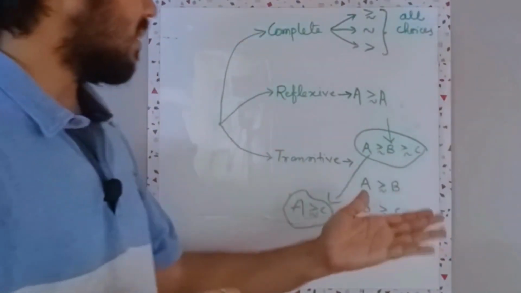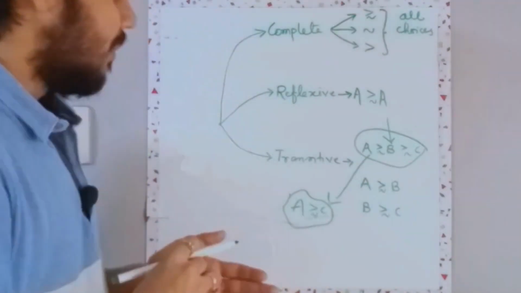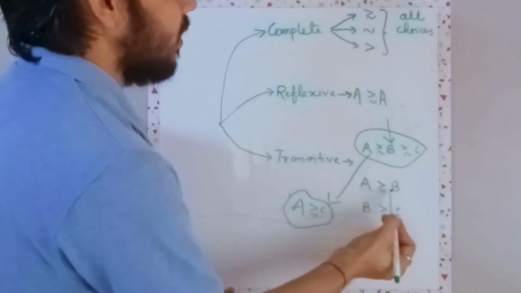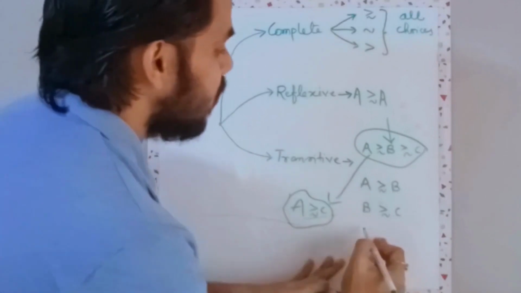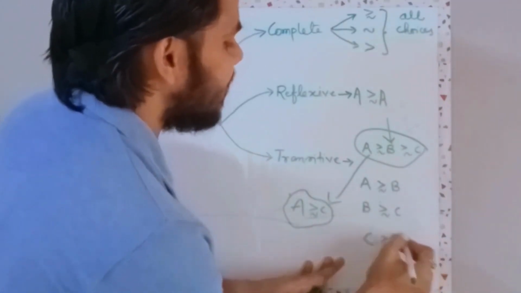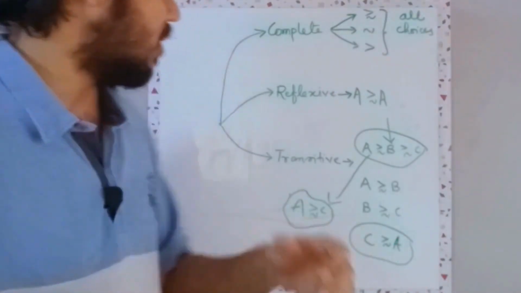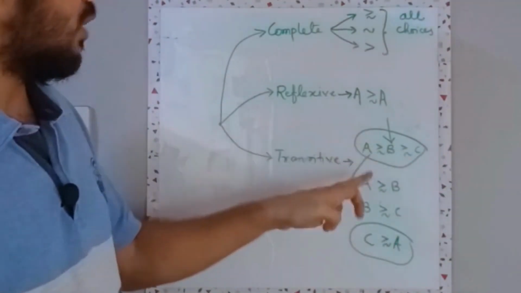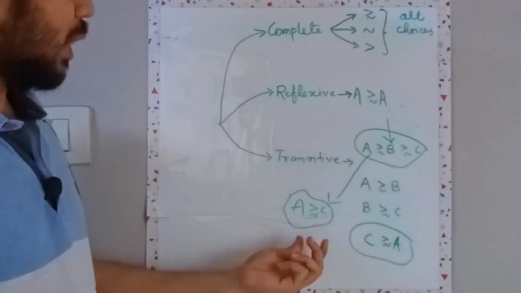Now this has some kind of logical reasoning behind it, because let us say you are saying that you prefer A over B and B over C, and then suddenly you say that no, I also prefer C over A. This is definitely not logical as per our assumptions, because using the earlier logic, you prefer A over B, then B over C, so the natural logical deduction is you prefer A over C, right?